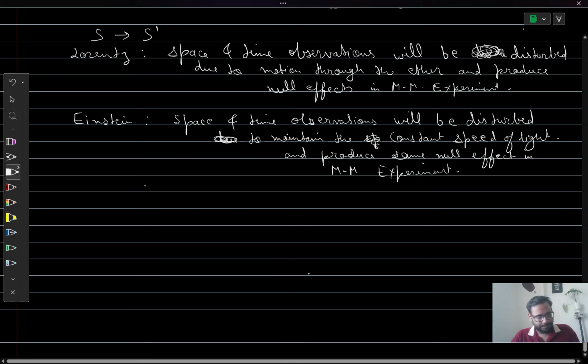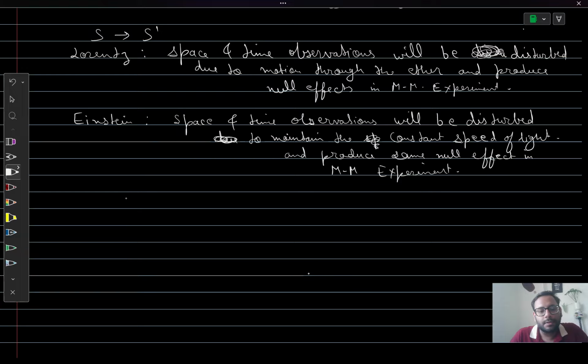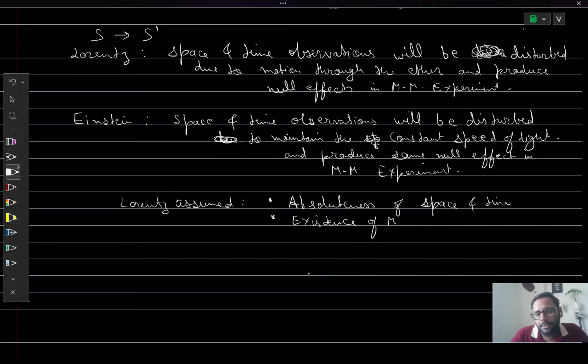So the assumptions made by Lorentz: first of all, absoluteness of space and time. Secondly, he assumed the existence of a mysterious ether that cannot be detected.